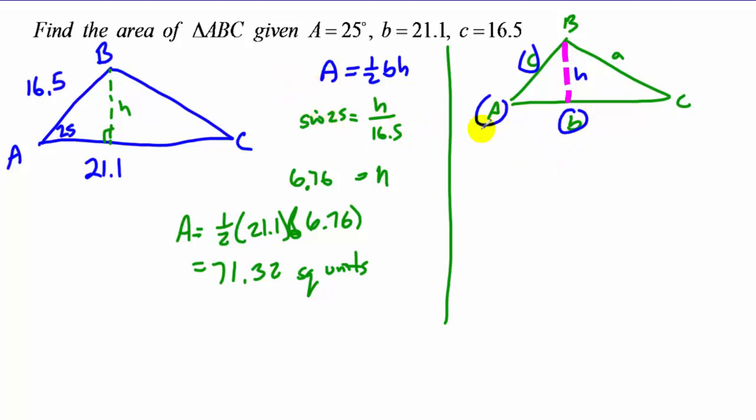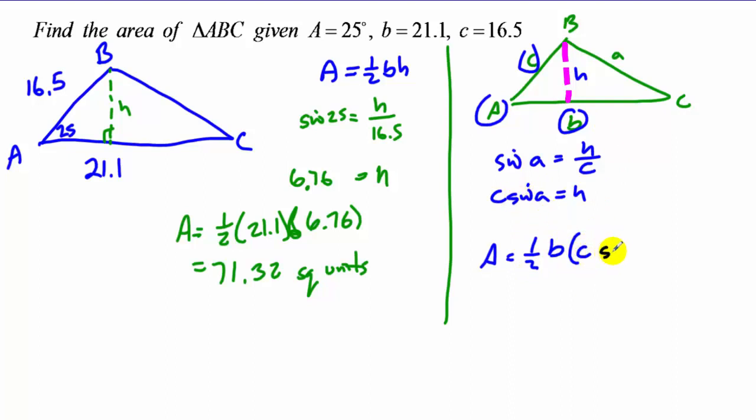I know that the sine of A is equal to H over C, which was given to me. So C sine A equals H, and then the area equals 1/2 the base, which is B in this case, times the height, which is equivalent to C sine A.